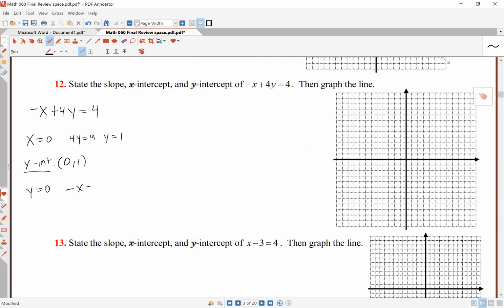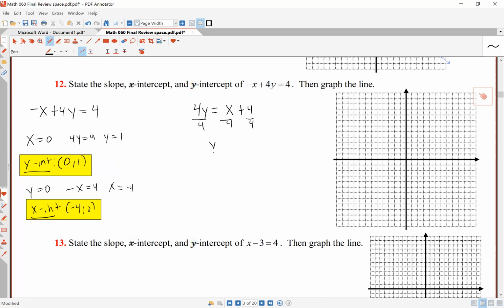Easiest way to come up with a slope then is to write in slope-intercept form: add x to both sides, and now divide by 4. So we go to the y-intercept of (0, 1), and then we rise 1 and run 4. Rise 1 and run 4.